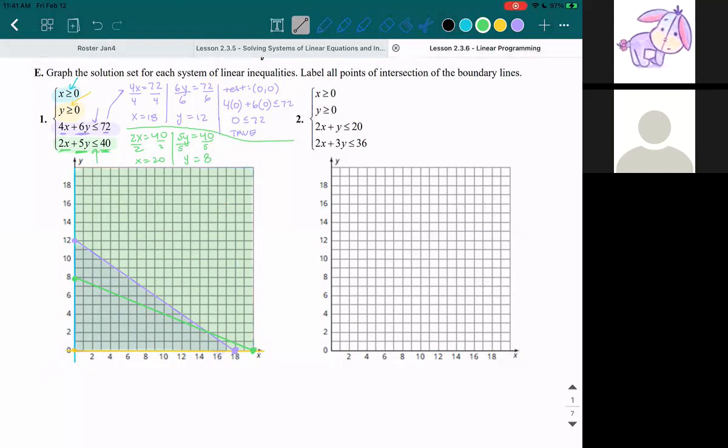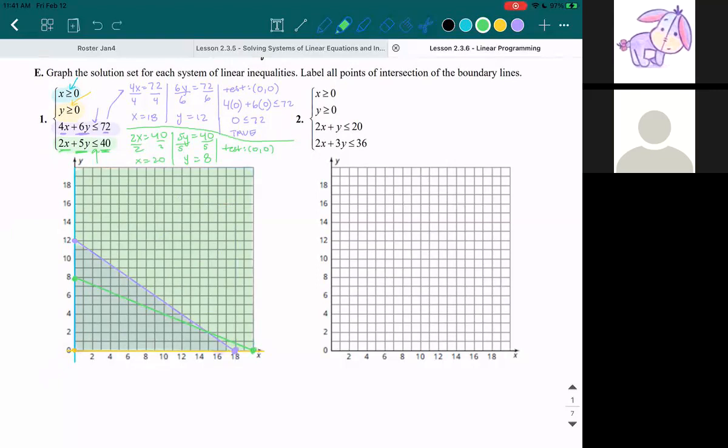Then we have to test out: do we want to shade above or below? I'm going to test out 0, 0 again because 0, 0 is the easiest point to test out. Testing 0, 0, which once again is the origin right over there. So 2x plus 5y is less than or equal to 40.